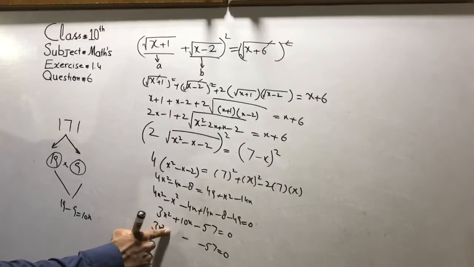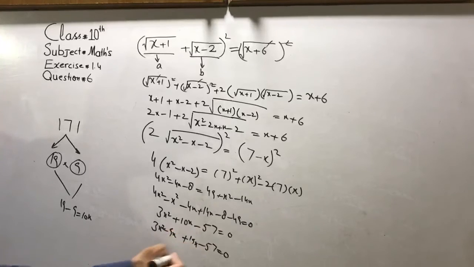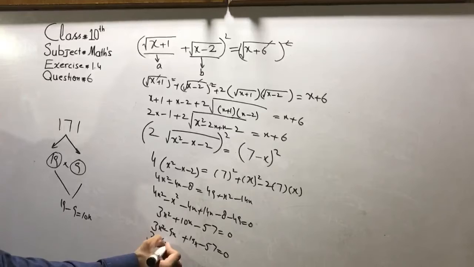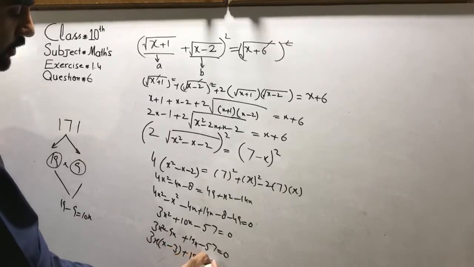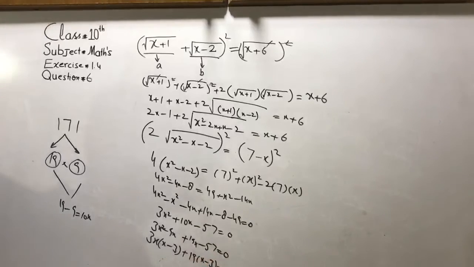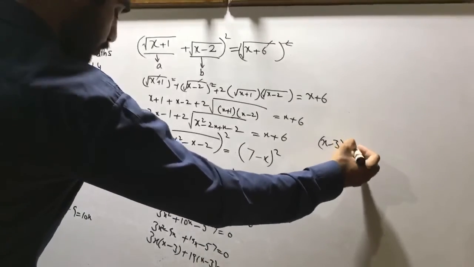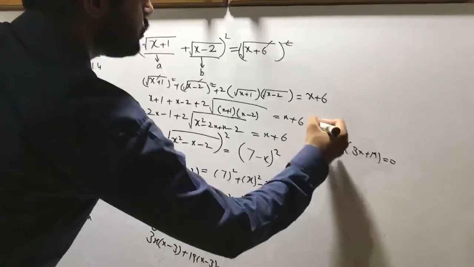So I write here minus 9x first and plus 19x again. Now from the first two terms you can take common 3x and we get x minus 3. From the last two terms you can take common 19 and we get x minus 3, is equal to 0. Now we take x minus 3 common as a whole, and we get 3x plus 19 is equal to 0.